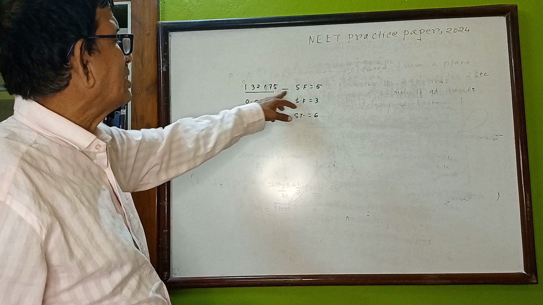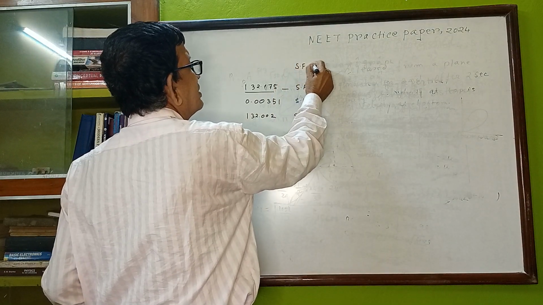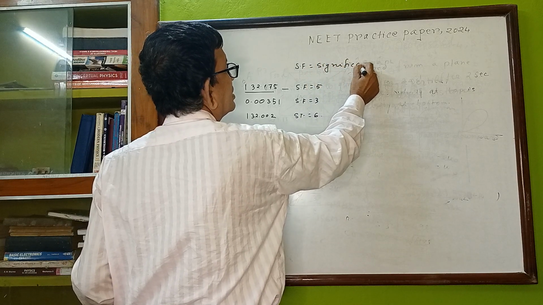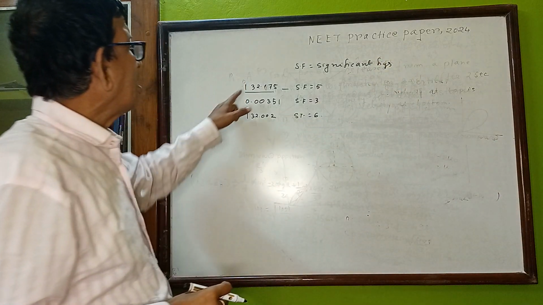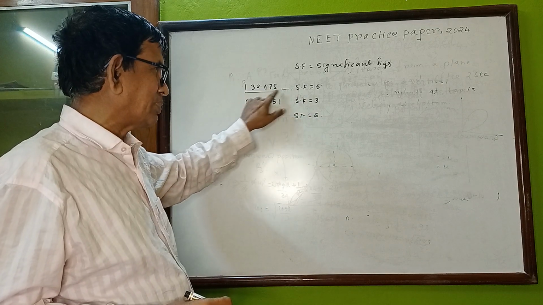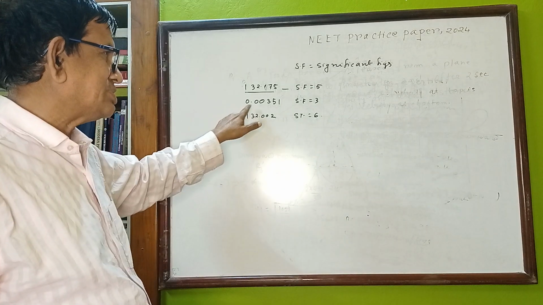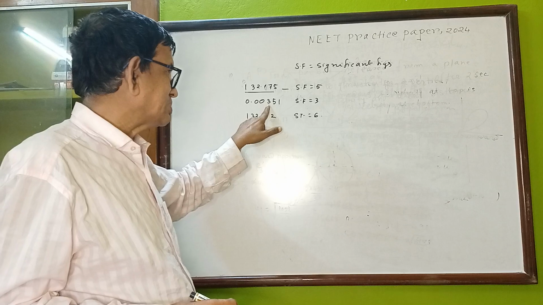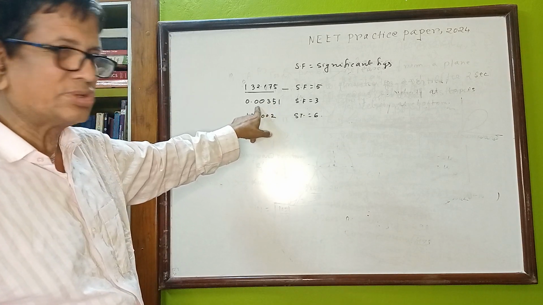Rules of significant figures, always remember. What is the significant figure? SF means significant figures. Easy, because all non-zero digits are taken as significant. So 1, 2, 3, 4, 5. After the decimal, the zeros at the left of the non-zero digits are not taken as significant, so 351 is considered, don't consider 00.